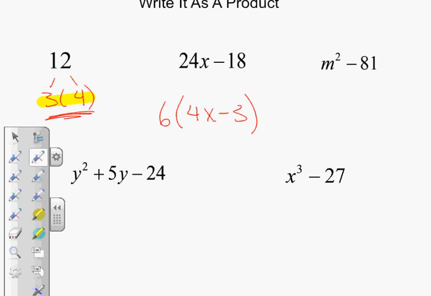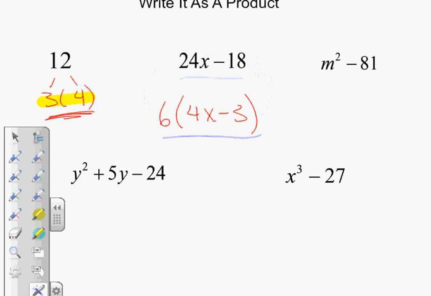Now, once I've written the answer, you may see this very quickly that it's equivalent because if you notice, 6 times 4x is 24x, and 6 times negative 3 is negative 18. So the one thing we see is this difference can be written as this product, and this product can be distributed out and written as that difference. So there is this element that we get this complete cycle going on, is that these expressions are equivalent.